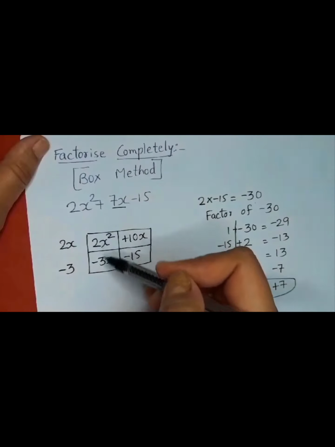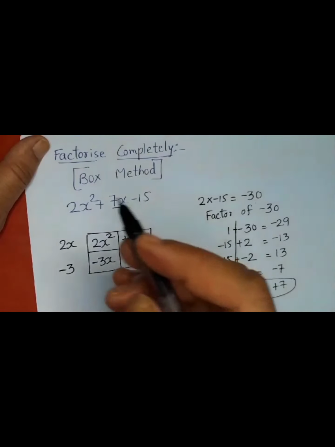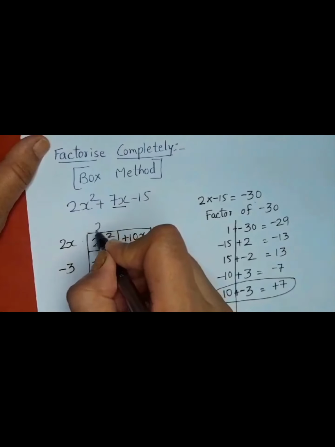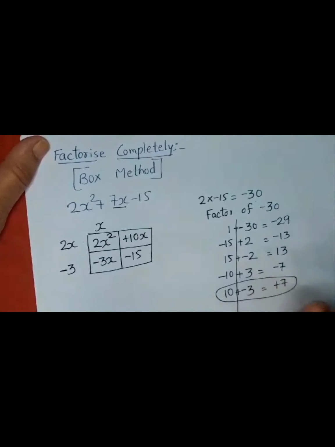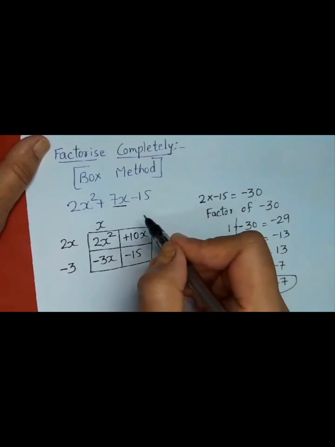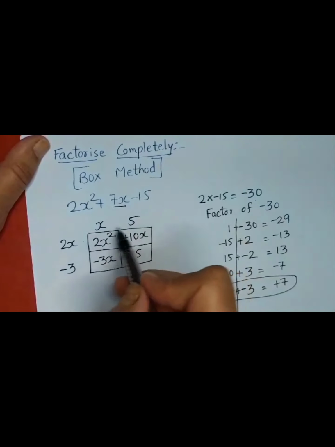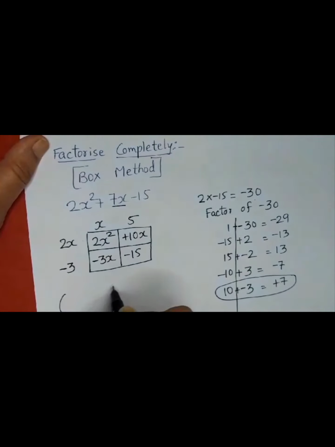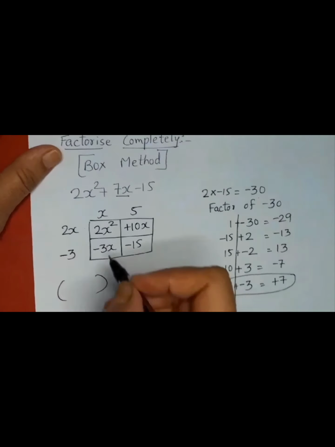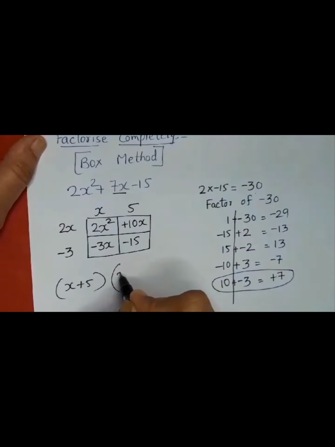Now for this column, 2x square and minus 3x, we get the highest common factor as x. And for this plus 10x and minus 15, we get the highest common factor as 5. Now we have to put these factors here in these two brackets and we get our solution. So here we put x plus 5 and this here 2x minus 3.